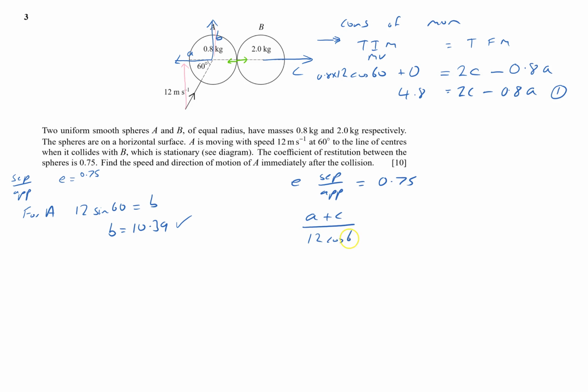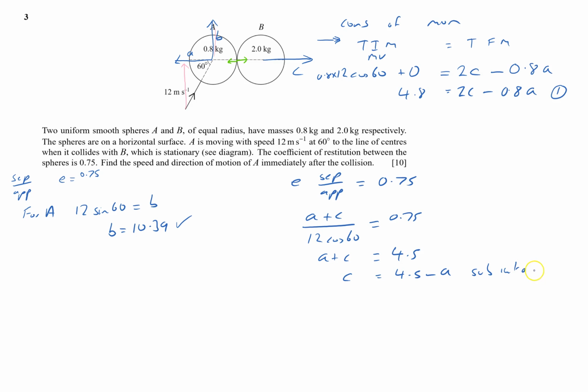So A plus C over 12 cos 60 equals 0.75. Multiplying both sides by 12 cos 60, A plus C equals 4.5. I want to find out what A is, so I don't want C, so let's get C equals 4.5 minus A.